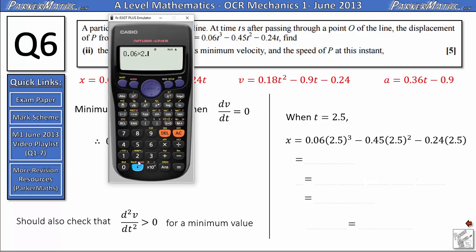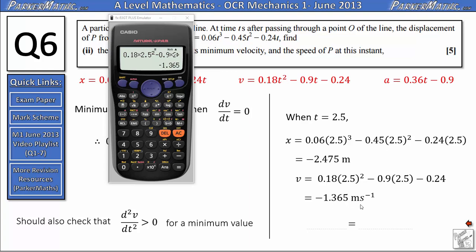If we put that into our calculator, we get minus 2.475. For the speed of P, we get v equals 0.18 multiplied by 2.5 squared minus 0.9 multiplied by 2.5 minus 0.24. And that gives us negative 1.365.